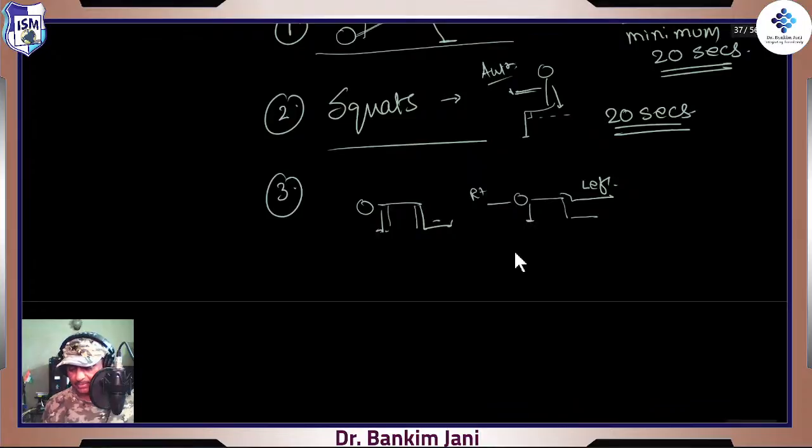One hand, your left, will remain down. So it is like opposite, right? Left, and this is, say, right. So just crisscross, right? This hand and that leg, they are crossing and then they will come.